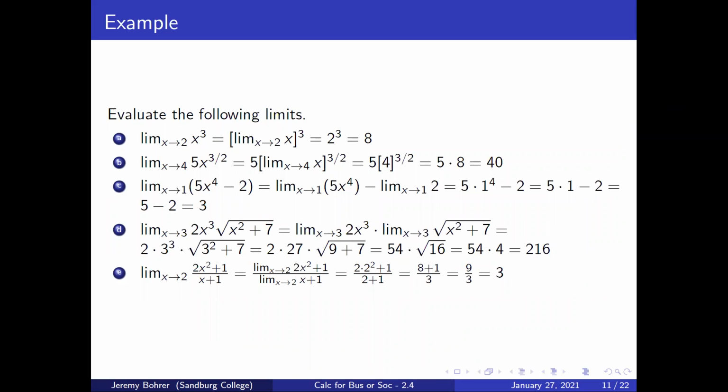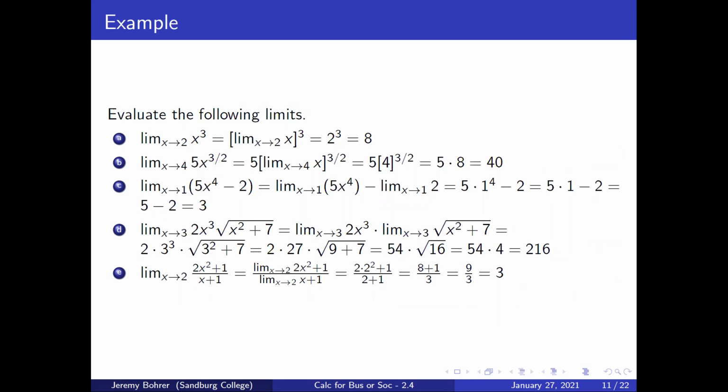Evaluate the following limits. The limit as x approaches 2 of x cubed is equal to the limit as x approaches 2 of x, quantity cubed, which is equal to 2 cubed, which is 8. The limit as x approaches 4 of 5x^(3/2) equals 5 times the limit as x approaches 4 of x, all raised to the 3/2, which is 5 times 4^(3/2), which is 5 times 8, which is 40.